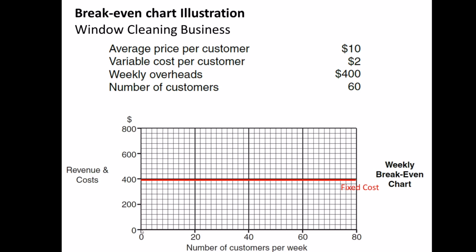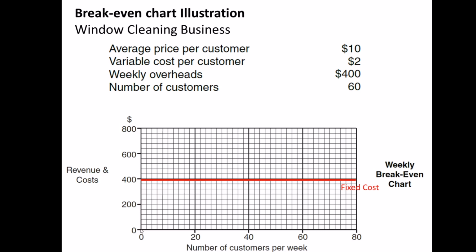And then when we look at the question, this week we have served 60 customers, and the total variable cost when we serve 60 customers is 120. So now we are able to find the second point in the graph. This is the first point, if you look at my cursor.